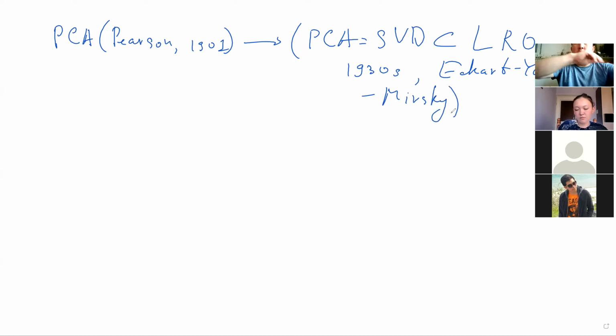Then what happened? Approximately in the 80s, 90s, there appeared different robust versions of PCA. I think they're called robust PCA. So robust PCA means the following thing.